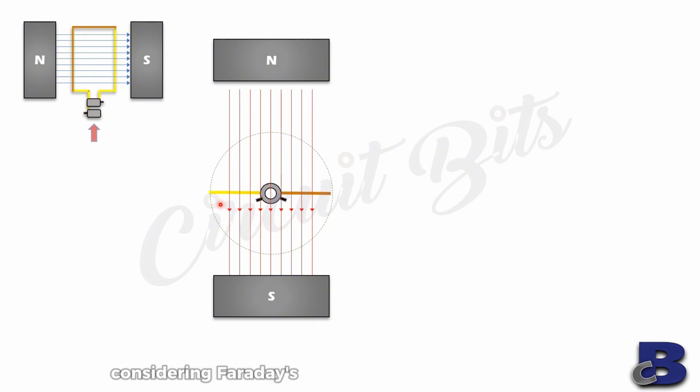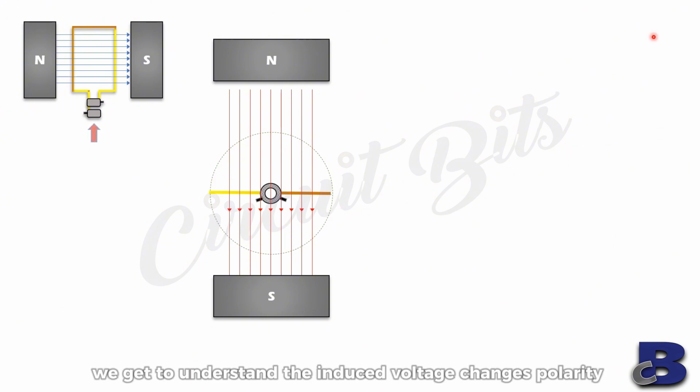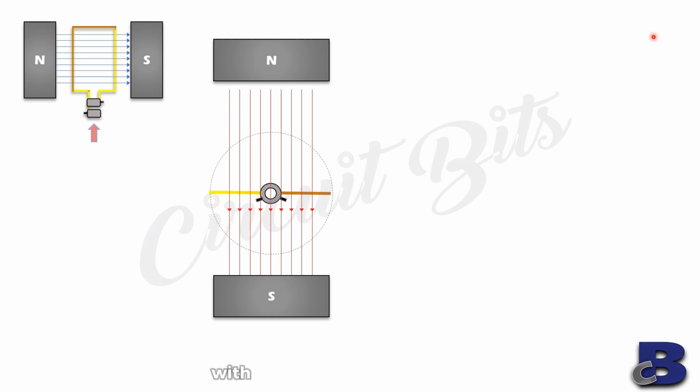Now, considering Faraday's law of electromagnetic induction, we understand that moving a conductor through a changing magnetic field induces voltage, but from the right-hand rule, we understand the induced voltage changes polarity with changing direction of force, hence the change in the direction of the current flow.